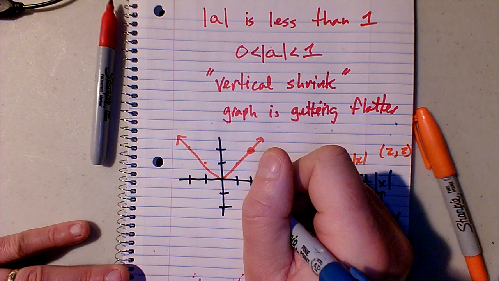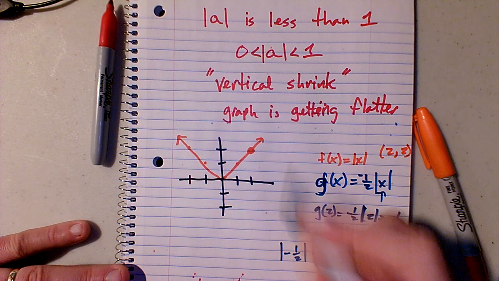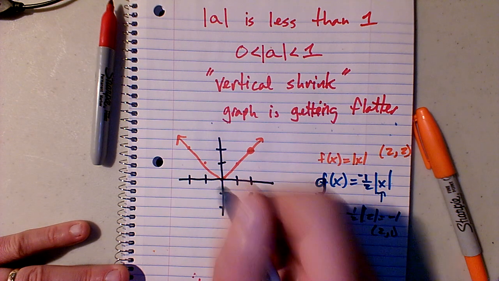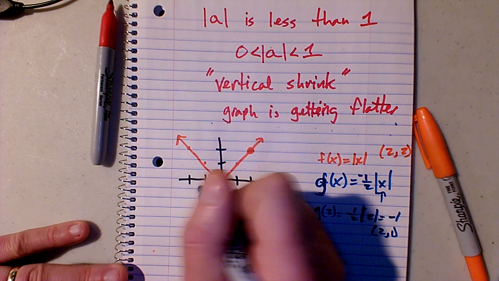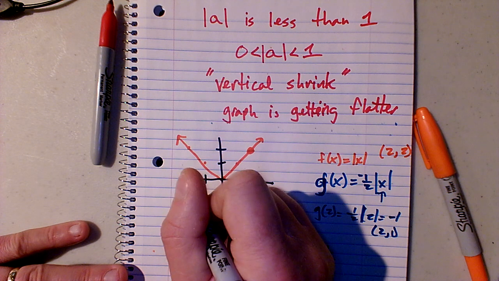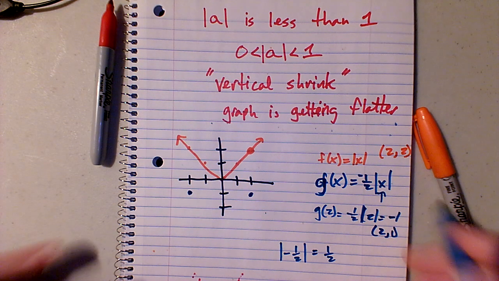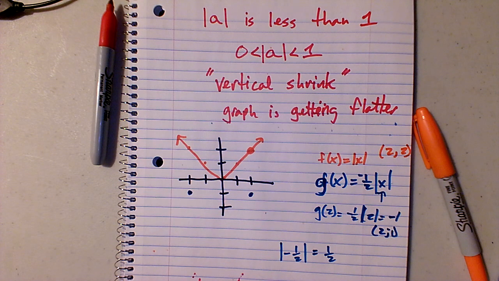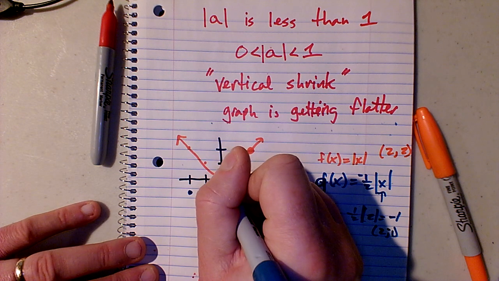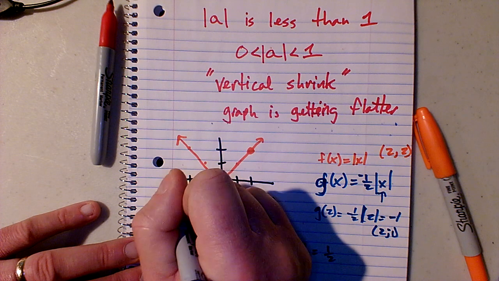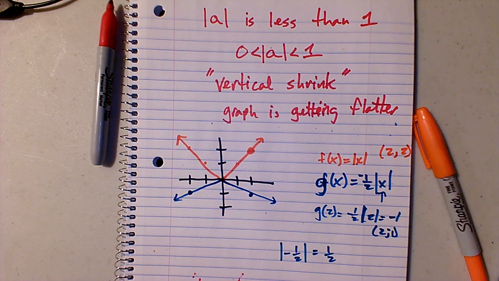So going to the right 2, now I'm going to go down just 1, not 2. And same thing if I go 2 to the left from the origin, negative 2, I'm only going to go down 1. My graph's going to open downwards. But notice the rate of change, or the steepness.